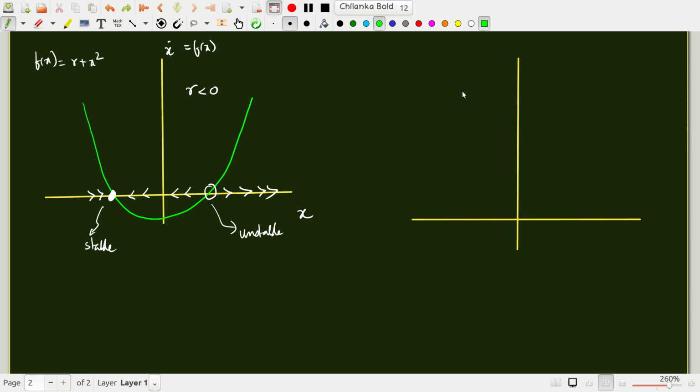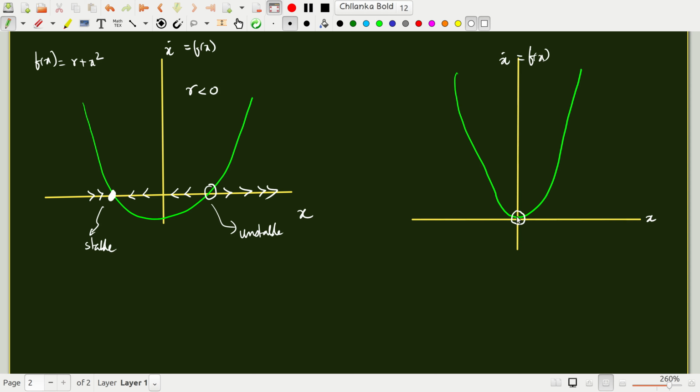Sorry about this, I apologize for the quality of the figures. Again, this is f of x, x dot is f of x as a function of x. The fixed point is where f of x is 0, so the origin is the fixed point here.